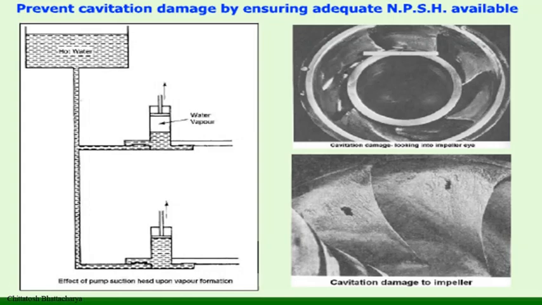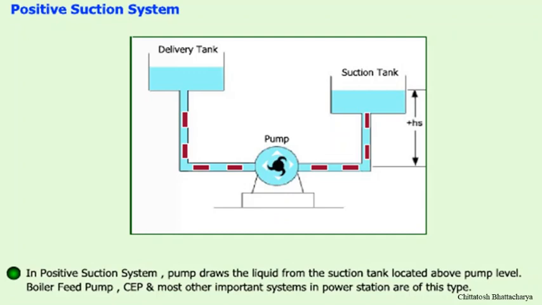In case of a positive suction system, the pump draws the liquid from the suction tank located above the pump level, like the boiler feed pump, CEP, CW system, and as a result these pumps always have a positive suction head at the pump inlet.